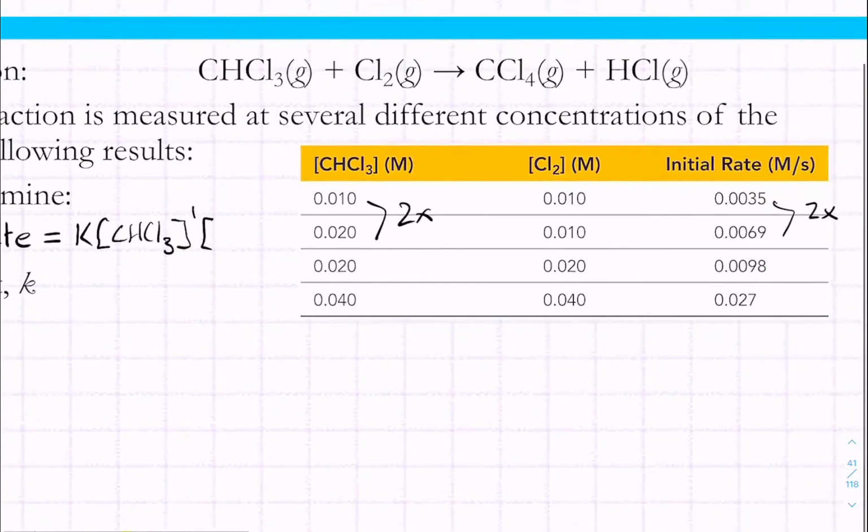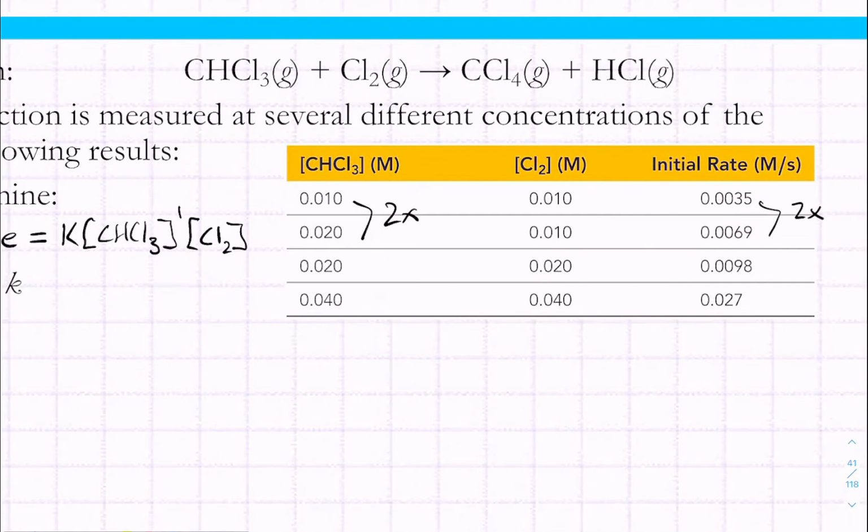And then for chlorine, which two experiments should we compare? Second and third experiment. Because in the second and third experiment, the only thing that we changed was the concentration of chlorine.